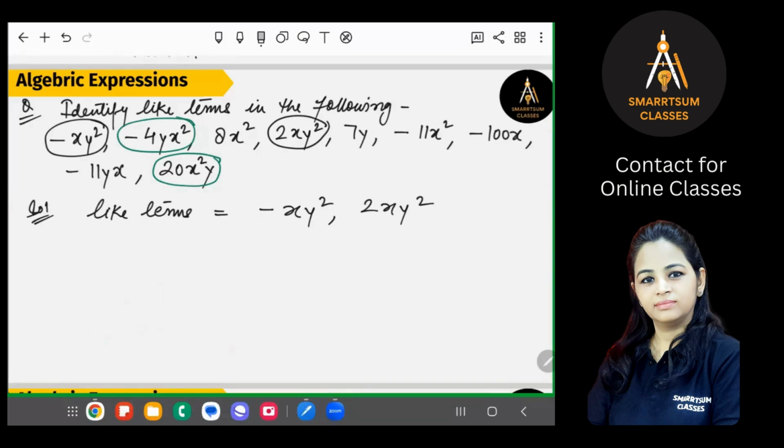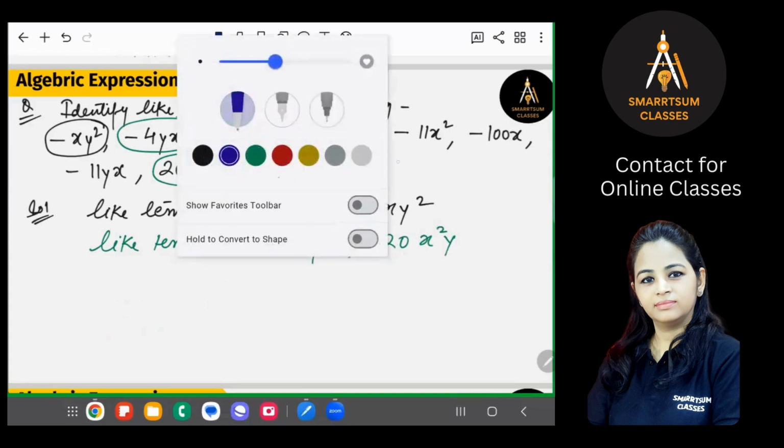So in this way, we can see here that the literal factors are same: y, x square, right? So these are like terms. So write down like terms: minus 4yx square and 20x square y. Now find out another set of like terms.